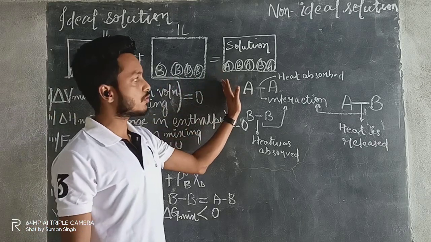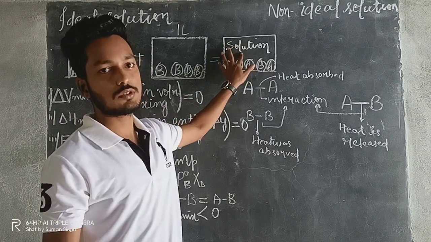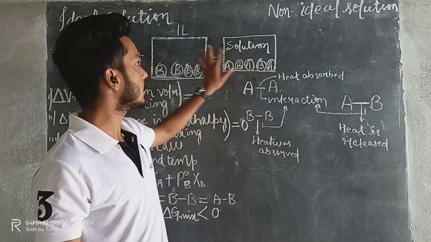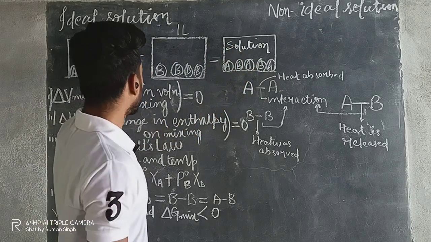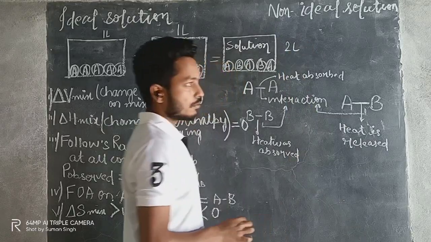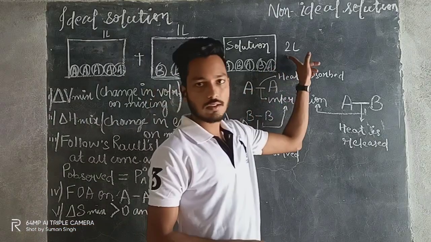So when we have mixed this A and B, if there is no change in volume, what does no change in volume mean? 1 liter plus 1 liter is only 2 liters. It is not 2.0 or 2.1 or 2.2, or 2.10, it is not like this. If it is 1 liter and 1 liter, when we are mixing it is only 2 liters, means there is no change in volume, right? Exactly 2 liters we are getting here.